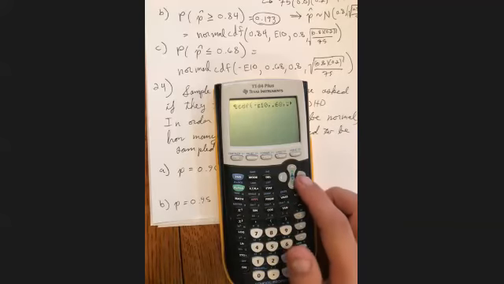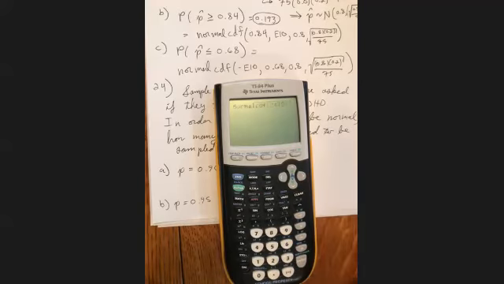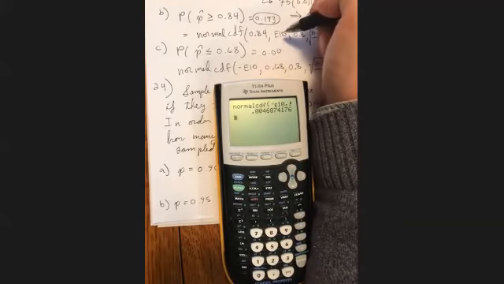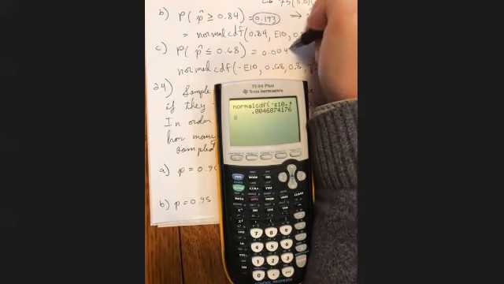And all the other parameters are the same, a mean of 0.8 and a standard deviation of that. Punch it in and we get a very small result of 0.0047, we'll say.